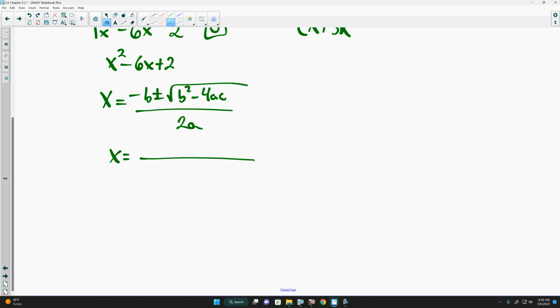Negative b. Well, b is negative 6. So negative b is 6, plus or minus the square root of negative 6 squared minus 4, a is 1, c is 2, all over 2a. Well, the value of a is 1, 2 times 1 is just 2.